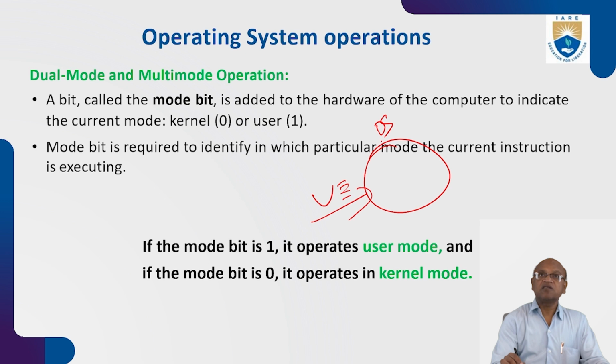Execution will be done by the OS, or if you want to save some data, that will be done by the OS. Instead of saying OS, we say kernel, meaning core. The core programs directly interface with the hardware. That is user mode and kernel mode.